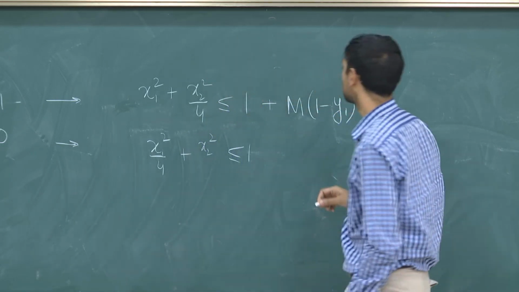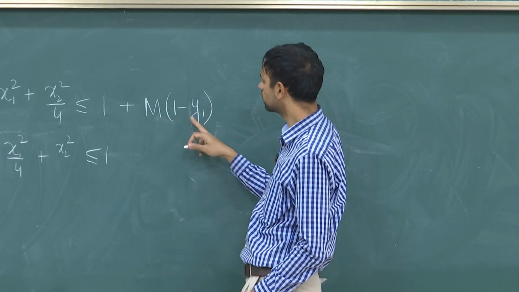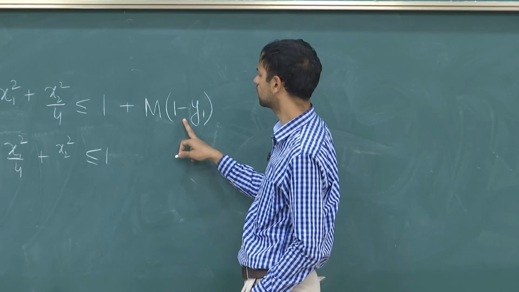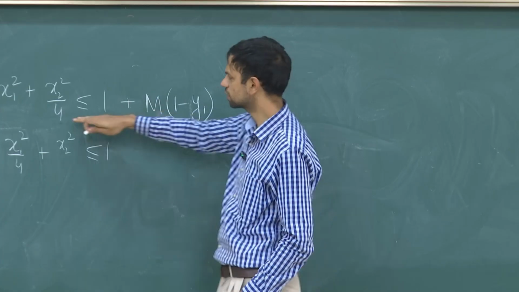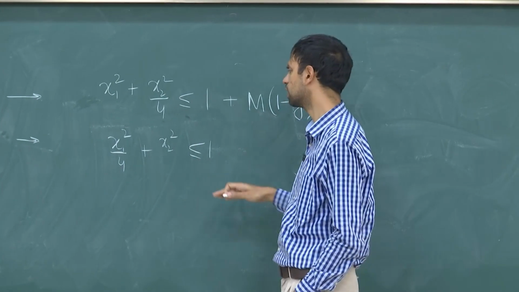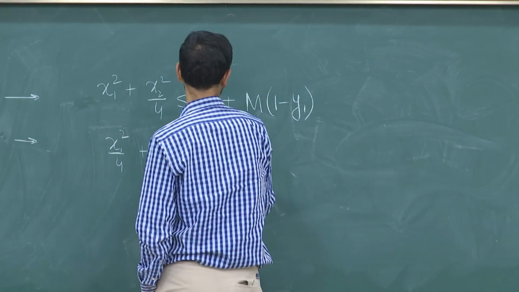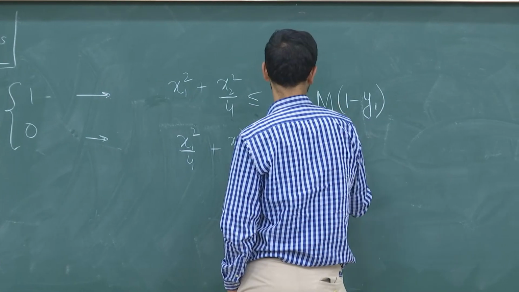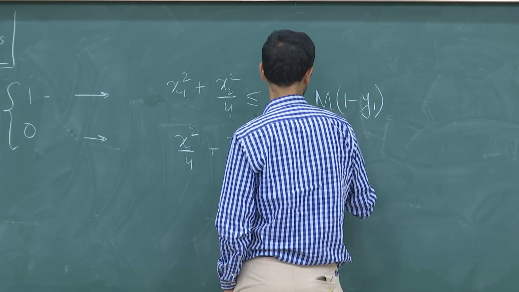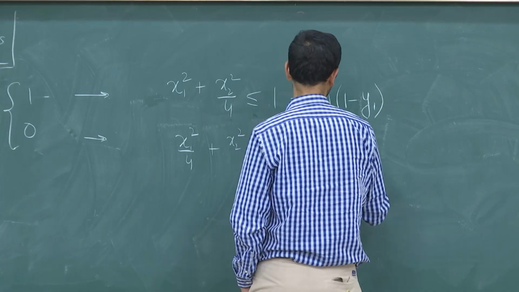So as soon as y1 becomes 1, this term vanishes and I'm left with this, and similarly this would be some other big M, not necessarily the same.